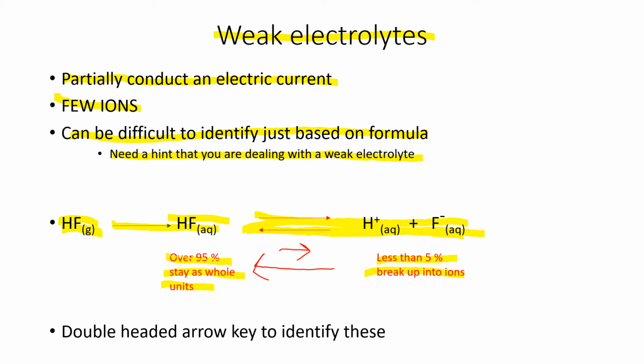And the third way is if you see an equation, you can figure it out based upon that double-headed arrow. All the other ones fully produce ions, like the strong electrolytes, which shows you you're making all of the ions possible. These weak electrolytes only produce a very small amount of ions.